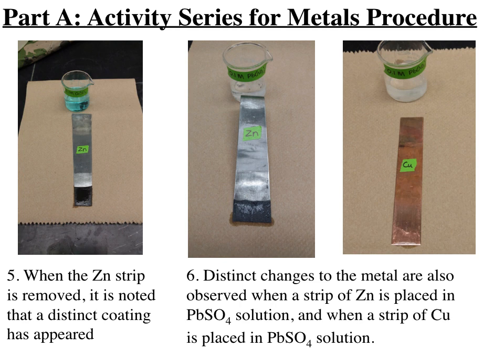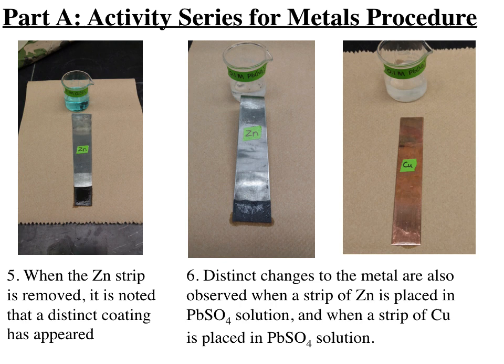As the left-hand picture indicates, when I pull the strip of zinc from the solution of copper sulfate, I note that there's a distinct difference in appearance of the zinc strip compared to what it looked like when I put it into the solution. So what I can conclude from observation is that there was a reaction between the elemental zinc and the copper plus 2 present in the solution.